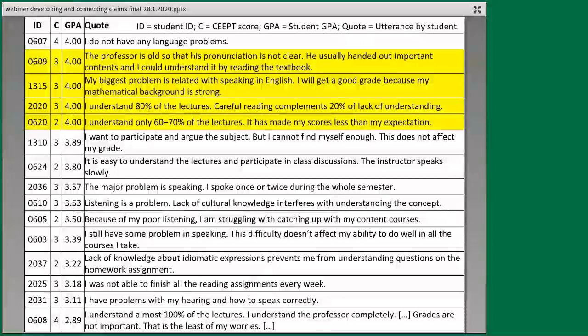So that was not based on 25, but on many more students. And what I did was that I took those, I think 20 or 25 students who also had been interviewed, and I used the quantitative and qualitative data in this table.